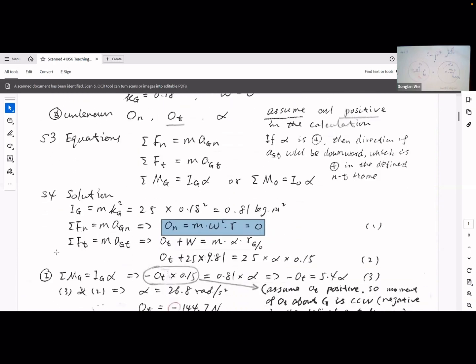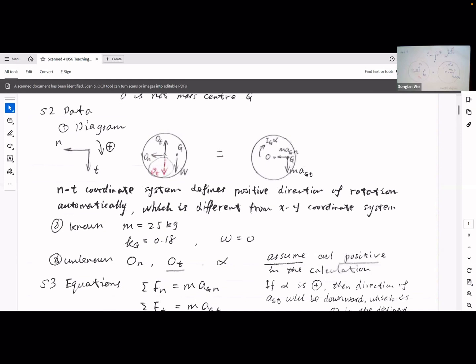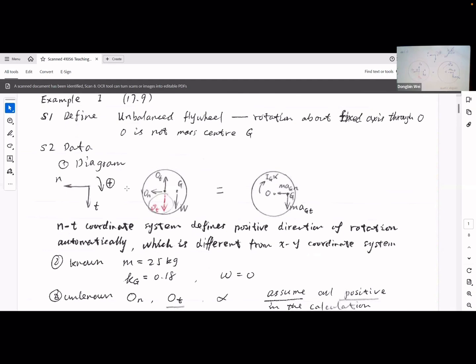Now, along the t direction. Look at this free body diagram. You can see we have two external forces. One is OT, and another one is the gravitational force W. W is downward, positive.